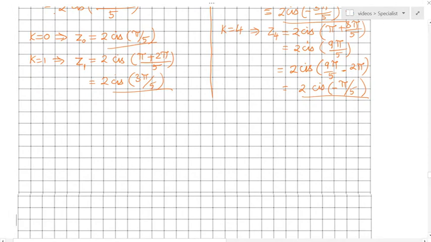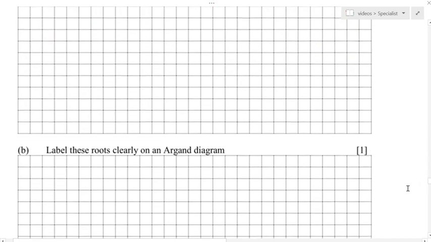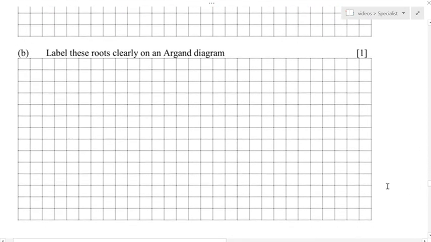Okay, so we can see here that all of them have this 2. So all these roots have a modulus of 2, which means that the length of all of them is 2. So we can mark them here. On the Argand plane, all of them will have a length of 2, which basically is to say that they will all lie on a circle of radius 2.